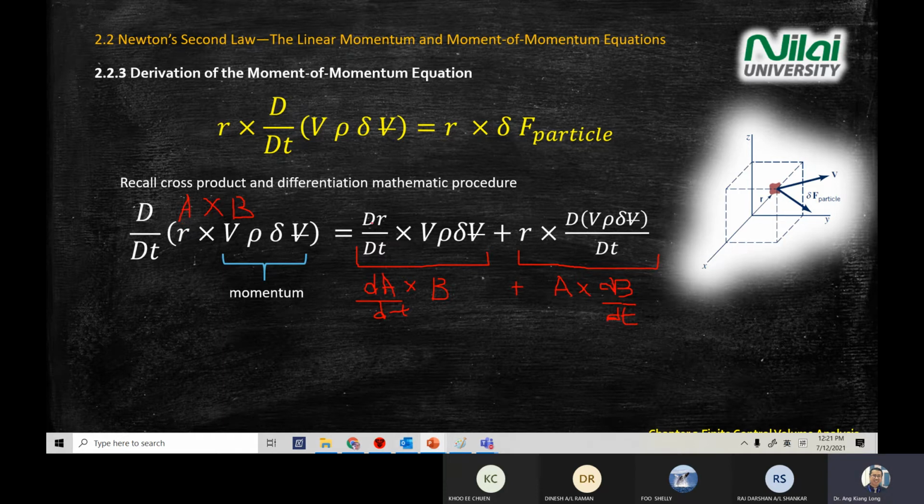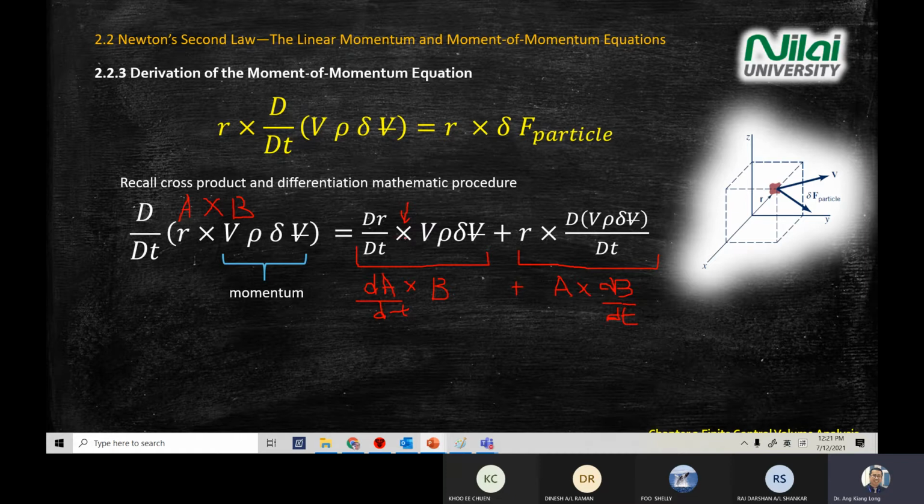So the first part you get dr divided by dt cross. I will not use the word times or multiply because the more proper one is cross, because we're dealing with vectors now.